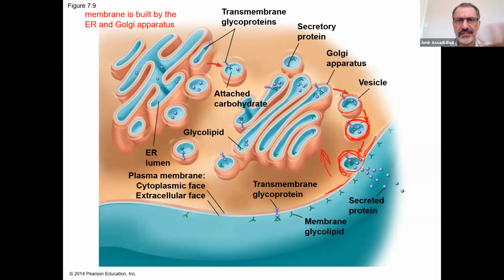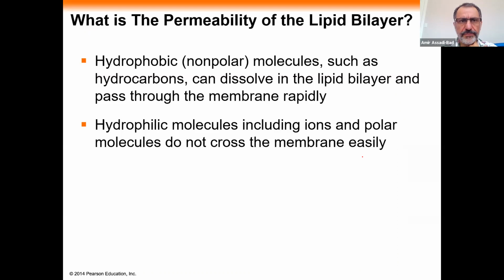So hydrophobic, did I talk about everything here? Attached carbohydrates, yes, we talked about this, the carbohydrates I talked about in the last exam. Make sure you study that, glycolipids. So anyhow, hydrophobic nonpolar molecules such as hydrocarbons can dissolve in the lipid bilayer and pass through the membrane rapidly.